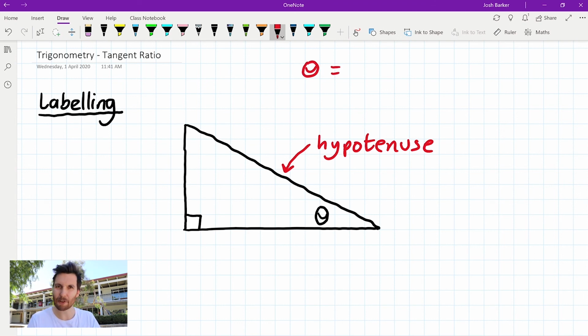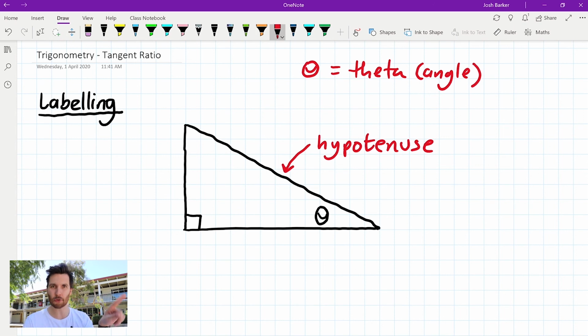It looks a bit like a zero with a belt around it. Theta is just a Greek symbol that we commonly use to refer to angles. So when you see that written in a right angle triangle like that, it just means that's the angle that we're either going to find or the angle that we're looking for. So I'm going to label that as the angle.